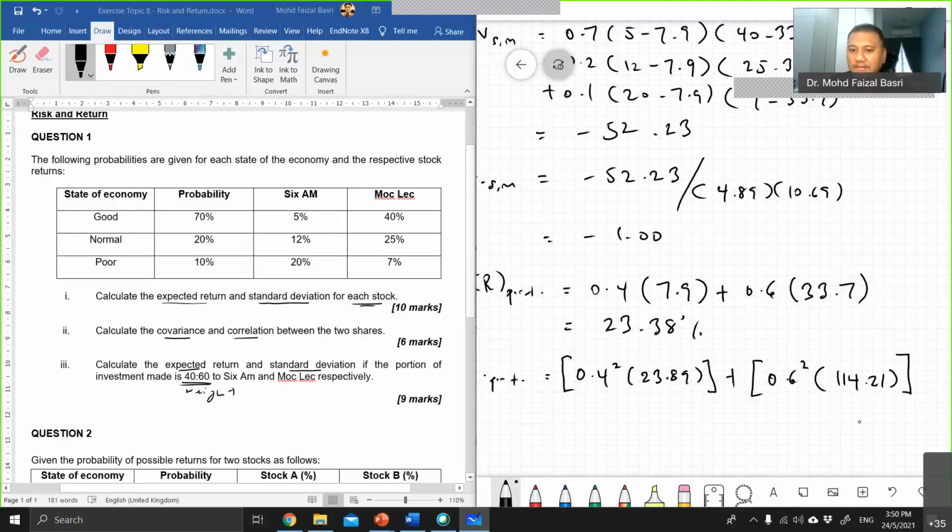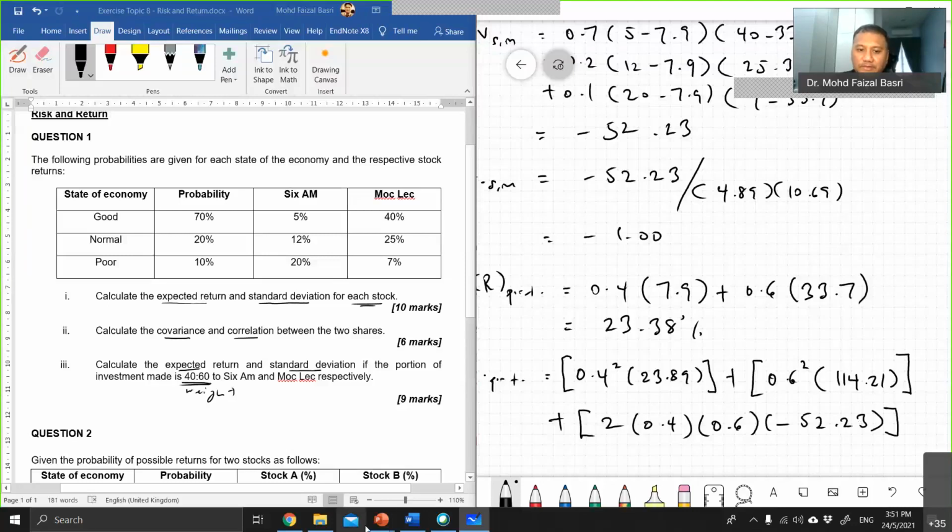And the final section of my portfolio variance formula is 2, it's always 2, multiplied with weight A, 0.4, multiplied with weight B, 0.6, and multiplied with the covariance. My covariance is negative here, negative 52.23.